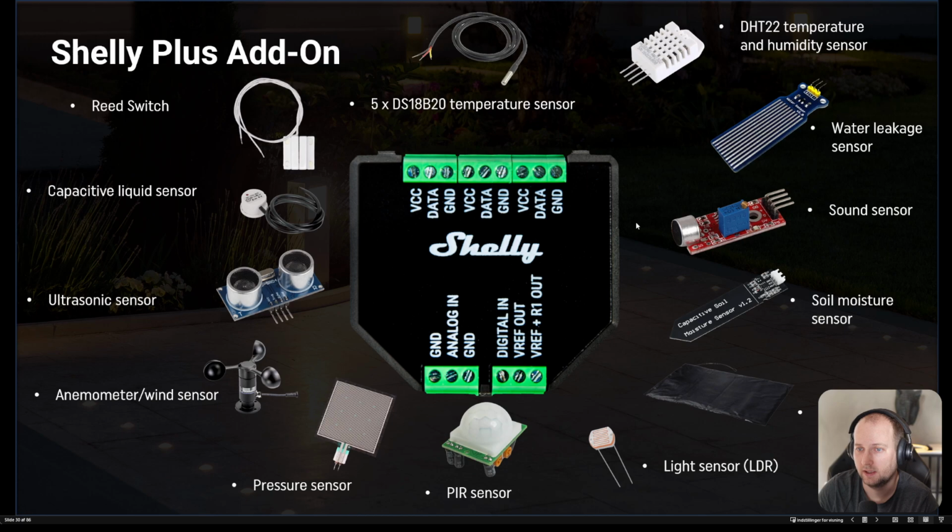There's a question if it can read resistive analog inputs. To be honest, I've not tested it that much. You might need to read more about it in the documentation or test it.